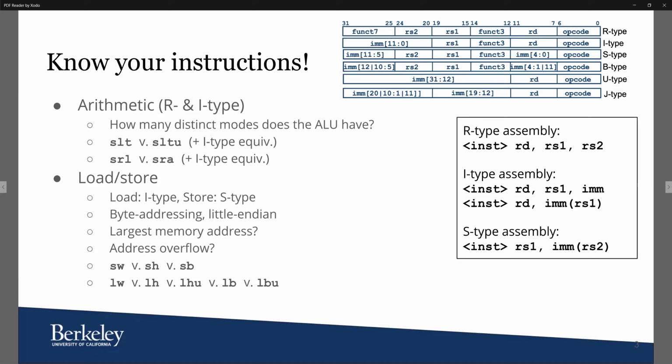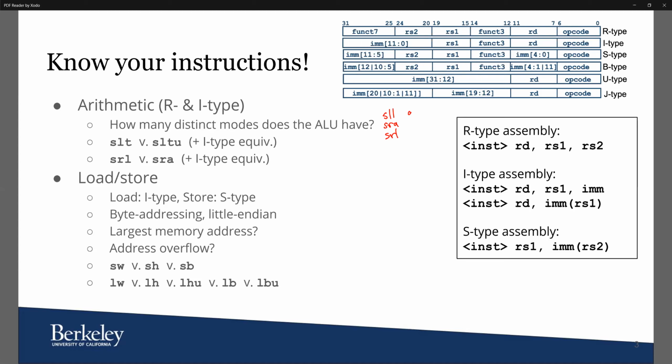How many shifts are there? There are multiple shifts. You have SRA, SRL, sorry, I keep mistyping it, but you know what I mean. So this is shift left logical, shift right arithmetic, and shift right logical. Okay, so you have shifts.